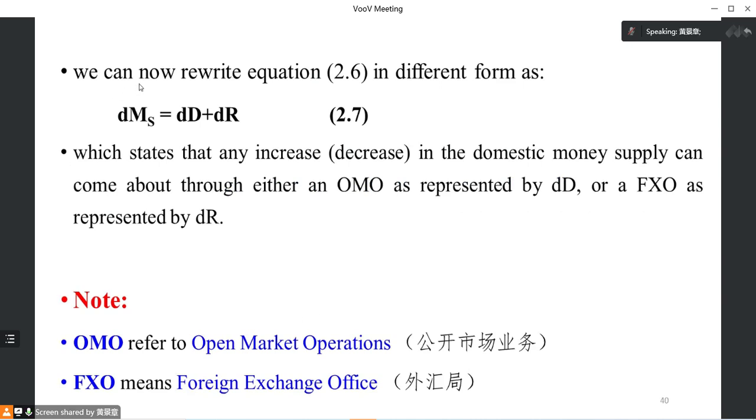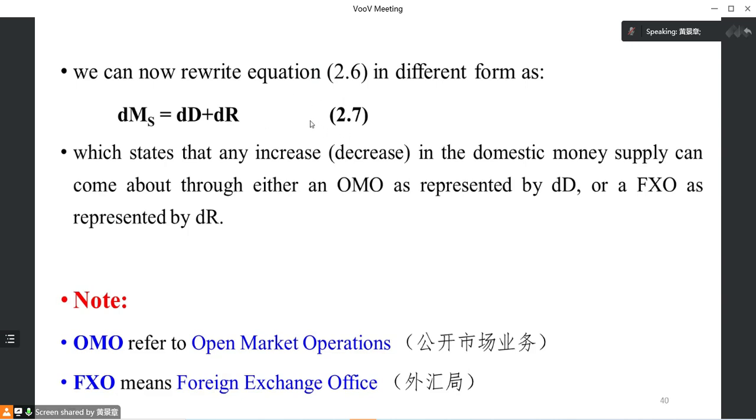Let's go on. We can now rewrite equation 2.6 in a different form as ΔMS equals ΔD plus ΔR.